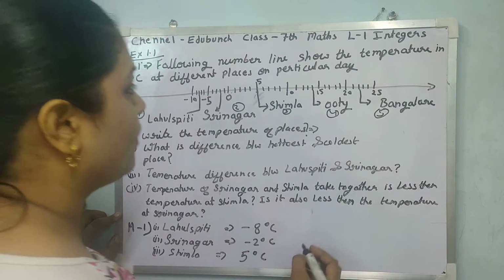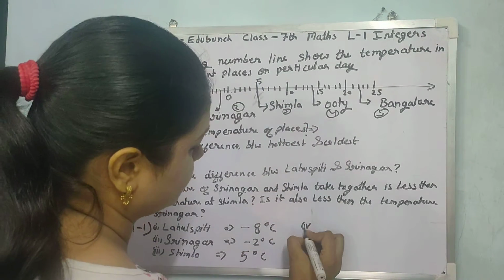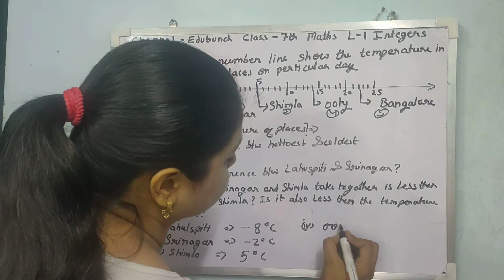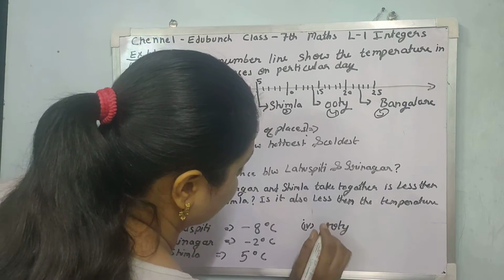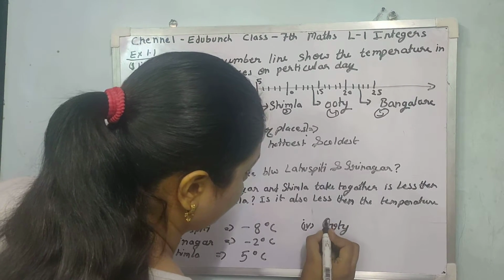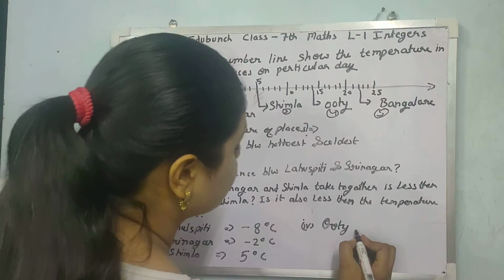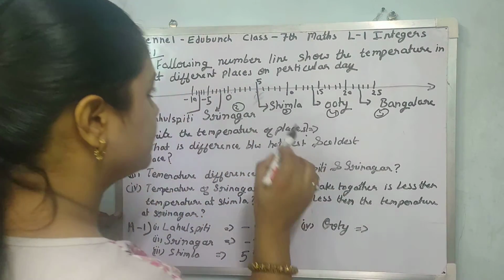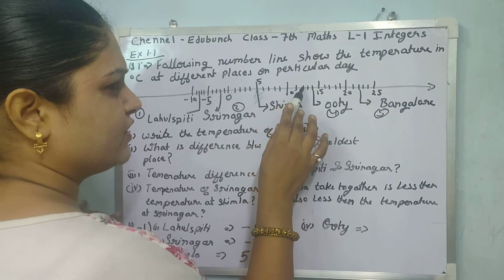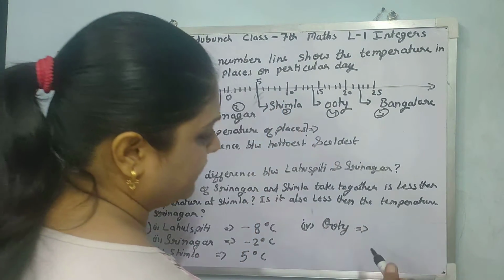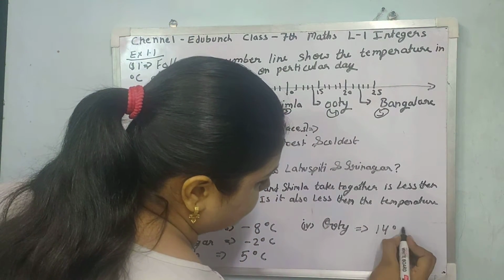Now next is Ooty, the fourth. The temperature of Ooty is 10, 11, 12, 13, 14 degrees Celsius.